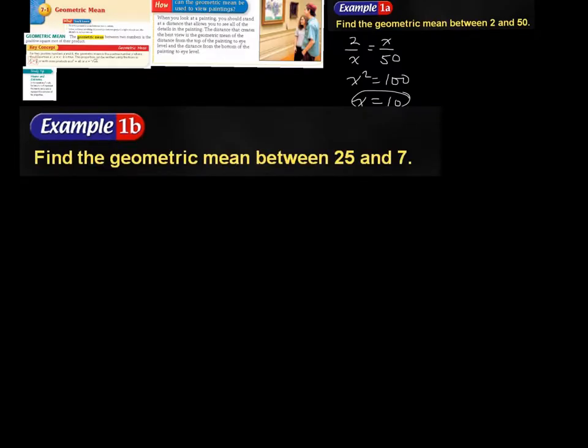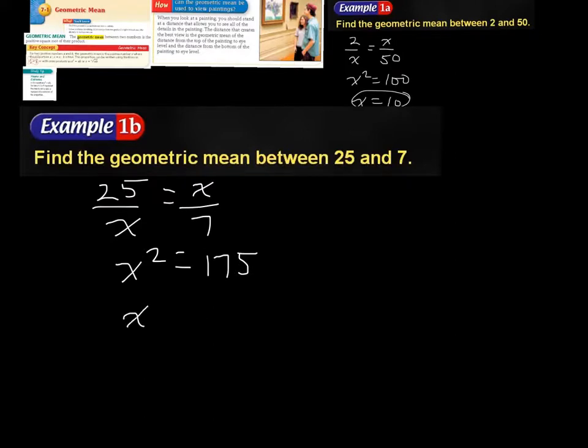So to find the geometric mean between 25 and 7, we're going to write 25 is to x as x is to 7. And do our cross product. So we have x squared equals 25 times 7, which is 175. And we're going to take the square root of both sides.